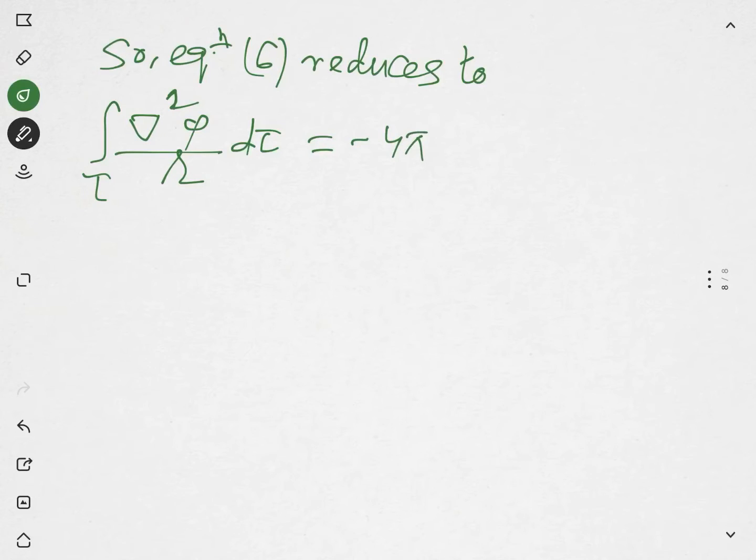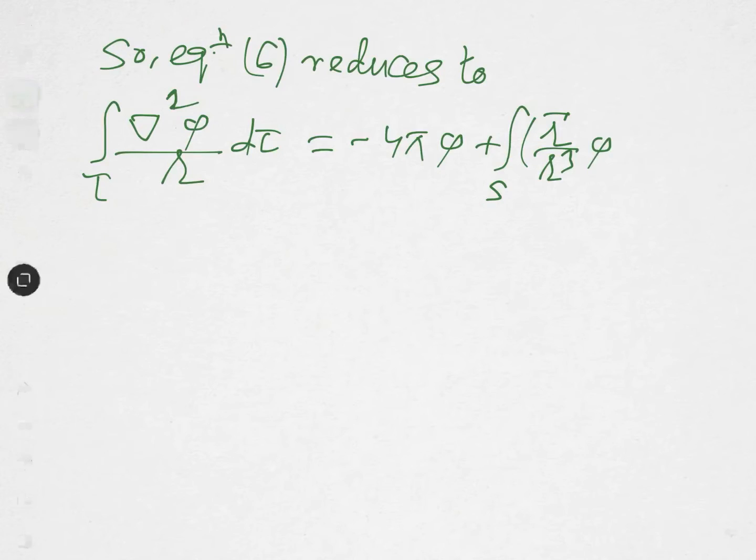This will be equal to minus 4 pi phi plus integral over s of r over r cube phi plus 1 over r del phi dot ds.